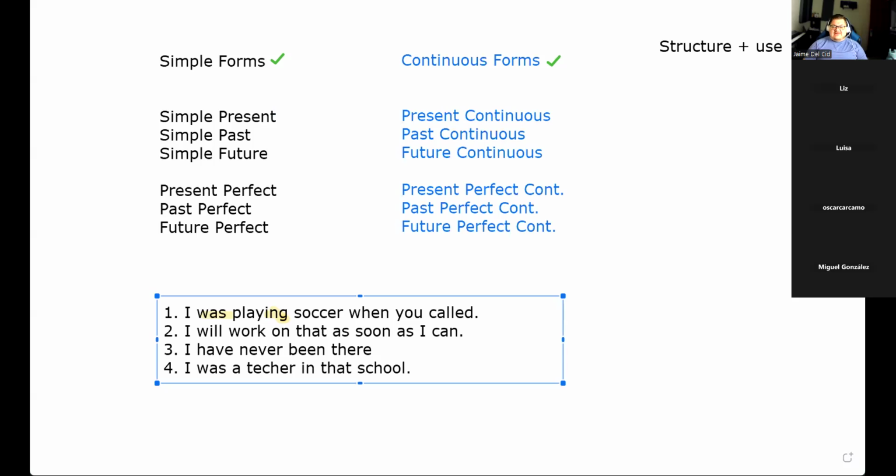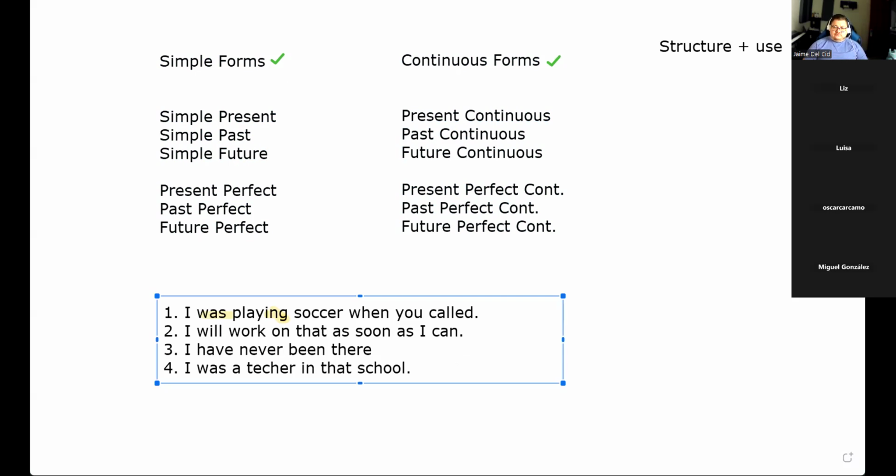Let's go with sentence number three. In this case, I'm going to ask Liz. Liz, can you read sentence number three and tell me if it's a simple form or a continuous form? I have never been there. This is simple form.